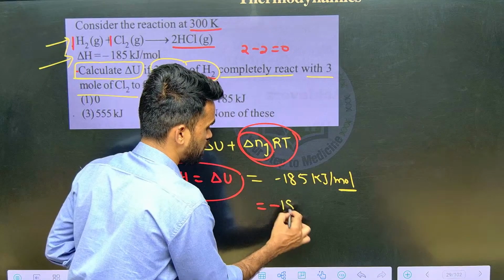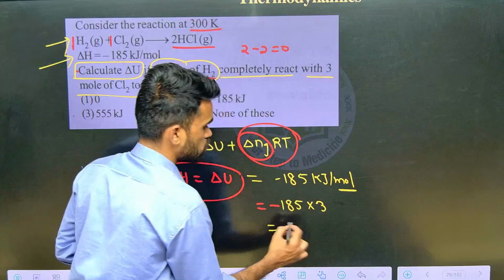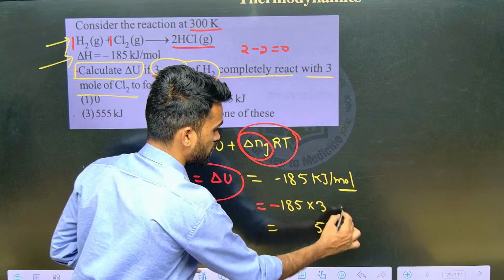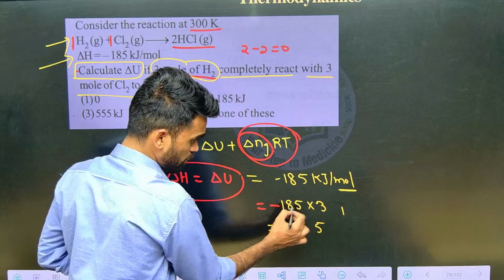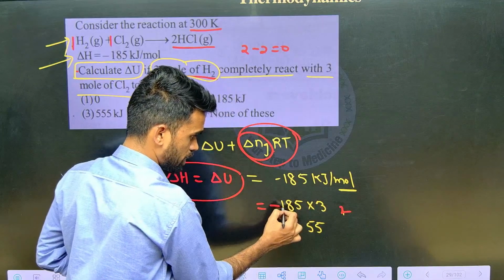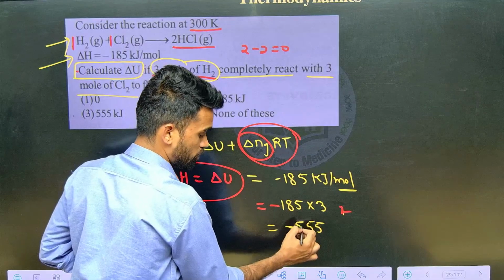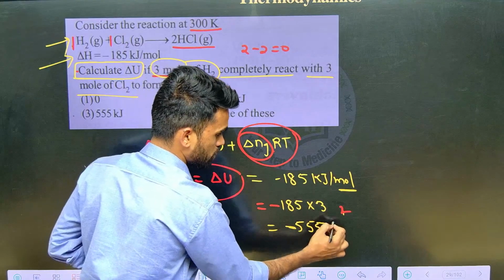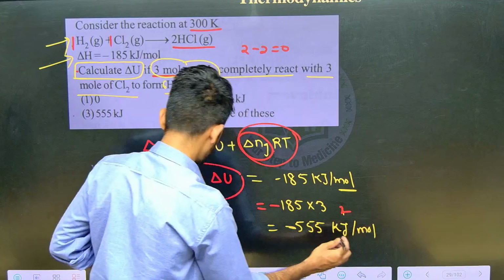Minus 185 multiplied by 3 gives minus 555 kilojoule. This is your final answer, right?